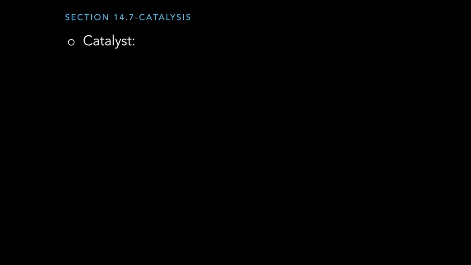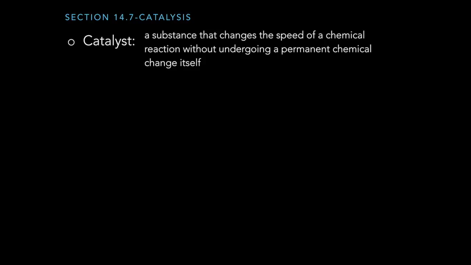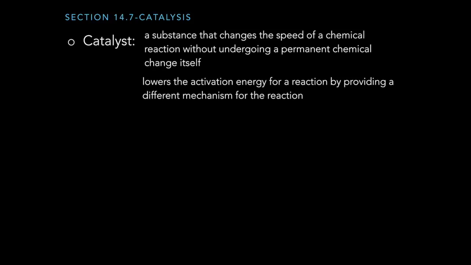Now, the last thing that I'm going to go over in this lesson is catalysts. A catalyst is a substance that changes the speed of a chemical reaction without undergoing a permanent chemical change itself. And the way that they do that, catalysts lower the activation energy for a reaction by providing a different mechanism for the reaction.